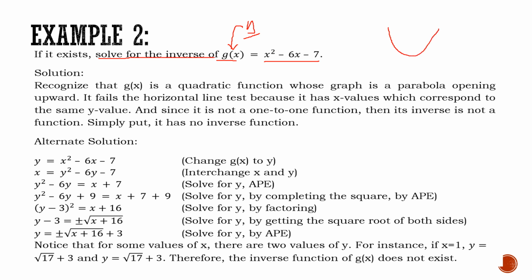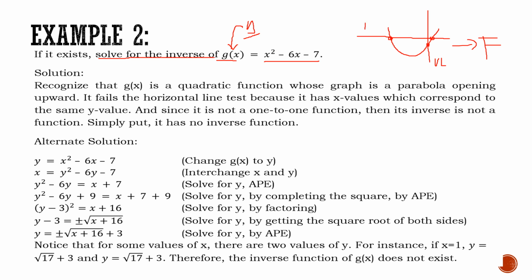Meaning to say, if we apply the vertical line test here, we consider this one as a function, because we satisfy the vertical line test, as there is only one point of intersection between your graph and the vertical line. How about once we apply the horizontal line test?